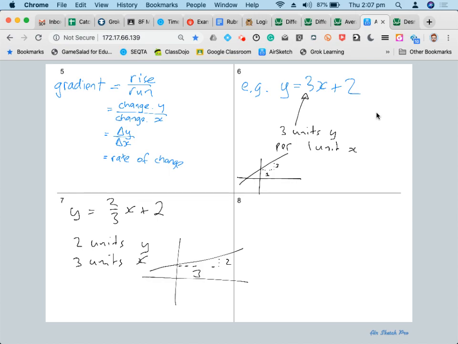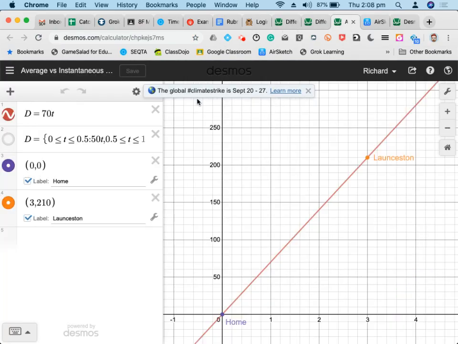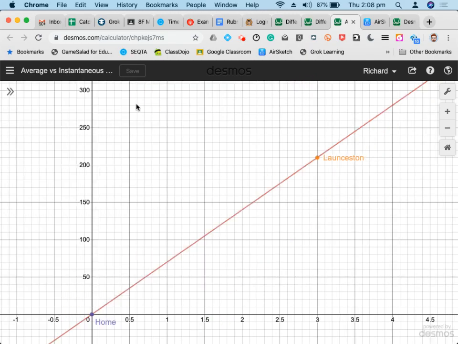Okay, let's have a look at one. I'm going to give you a moment or two. What I want is for you to work out the gradient of this. Let me give you the context.